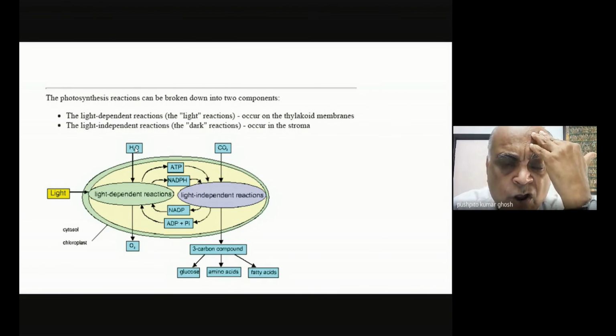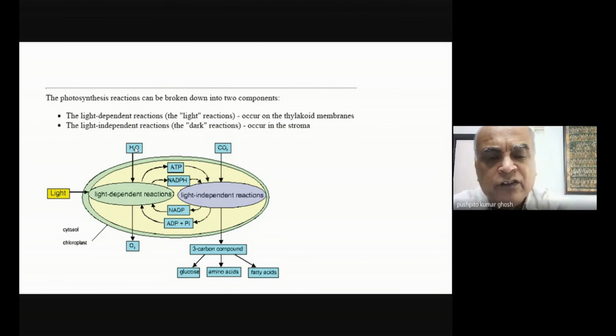That electron, which has got a high energy potential, is something like this: if I take a molecule and excite it to the excited state, what happens? The electron goes to the excited state. So the electron is at a higher level. It's still an electron, but it's got a higher energy. Similarly, I can think of the H part as if it is an H plus and an electron at a higher energy level.